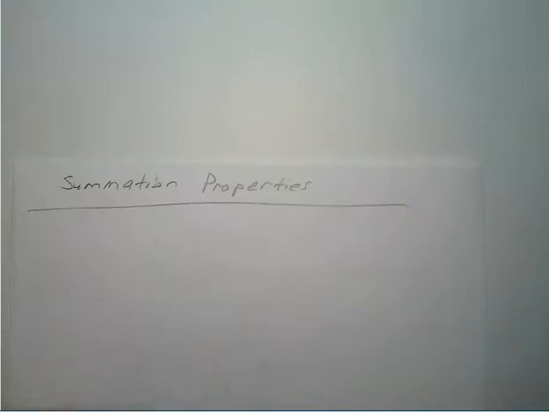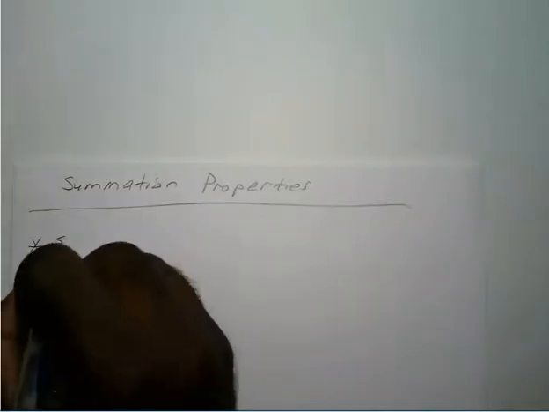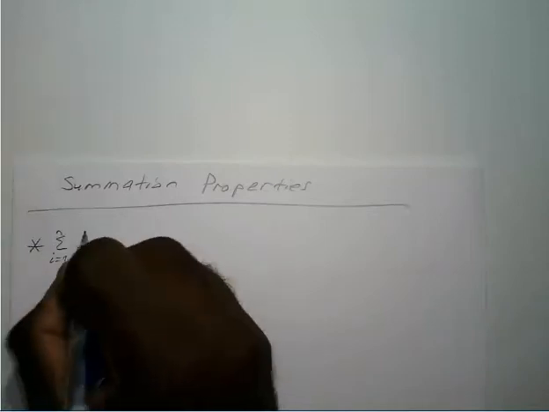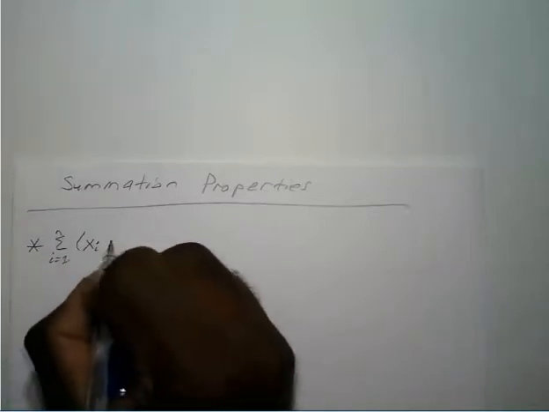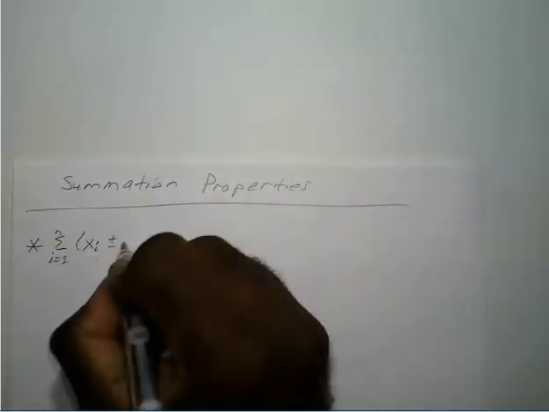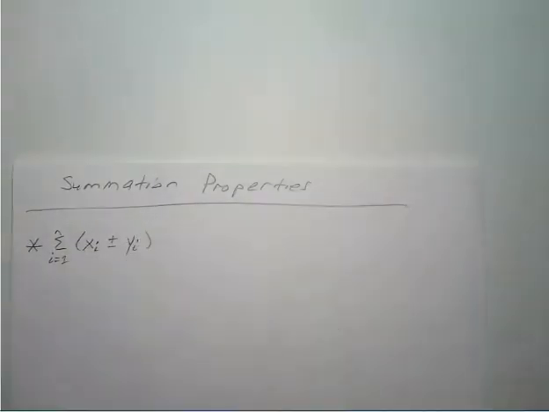All right, so our first summation property, we have the sum from i equals 1 to n of x of i, either plus or minus, works the same with both, y sub i. Now with this one, you can just distribute the summation to both.